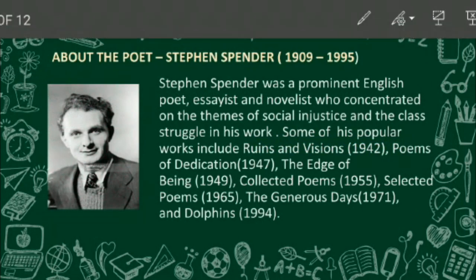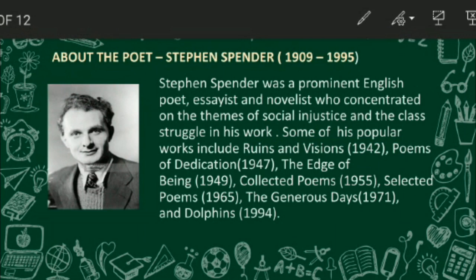Brief introduction about the poet, Stephen Spender. He had a lifespan from 1909 to 1995. He was a prominent English poet, essayist, and novelist who concentrated on the themes of social injustice and the class struggle in his work.